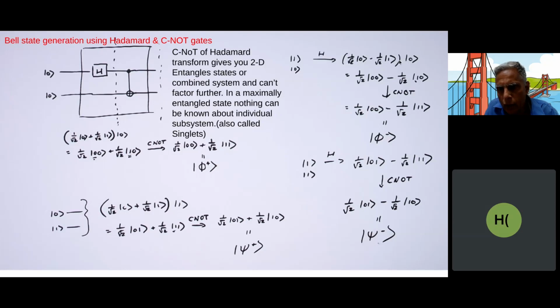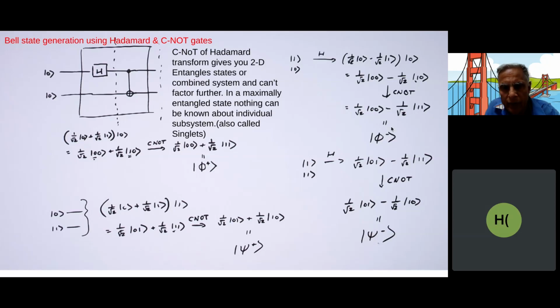Then you do a tensor product with ket 0, which results in 1 by root 2 ket 0 0 minus 1 by root 2 ket 1 0. If you take a C naught of this, the source is 1 and the target is 0, so the target will flip and it becomes 1 1. So you get 1 by root 2 ket 0 0 minus 1 by root 2 ket 1 1.